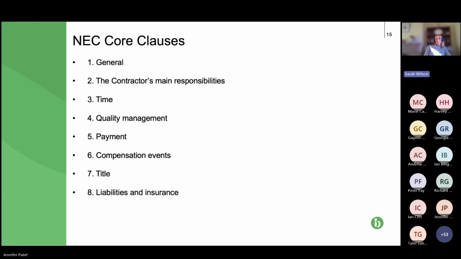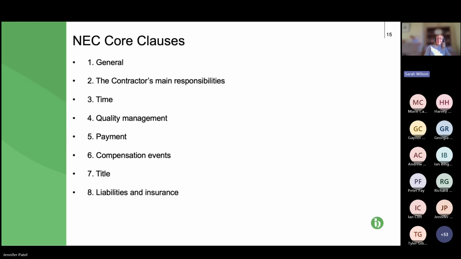So we've got our general clause, definitions and sort of miscellaneous provisions. Next one is, what does the contractor have to do? That would be helpful in a construction contract. Next one is time and programming. We've seen how important programming is. Then 4 is quality management, which also deals with defects. 5, payment, fairly important. 6, compensation events, so that's changed work. What's the word?